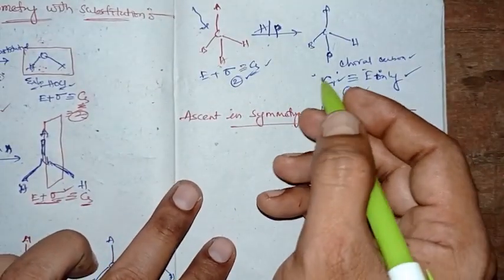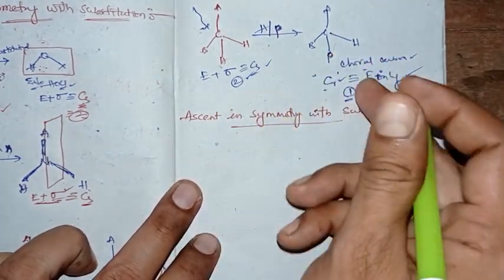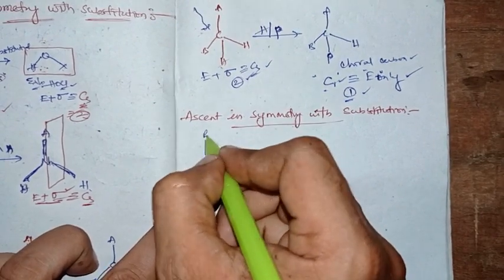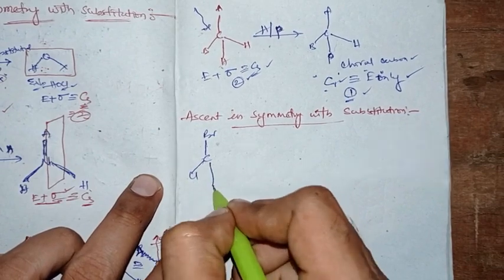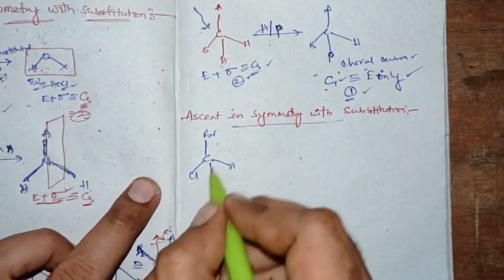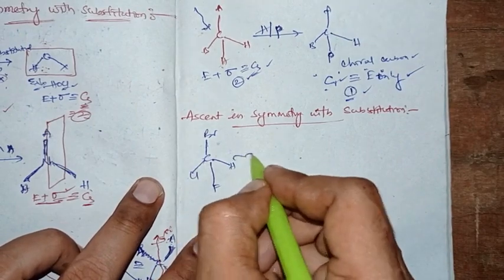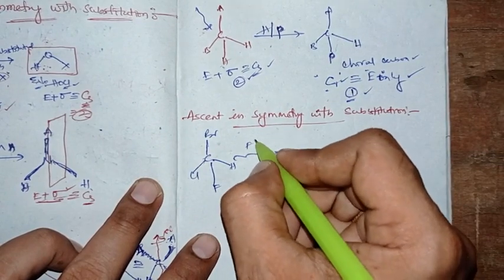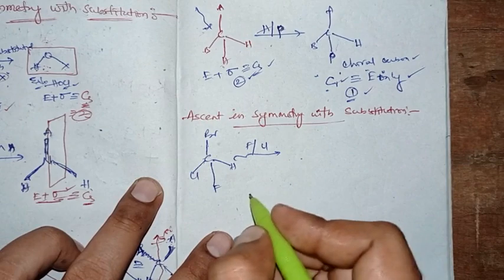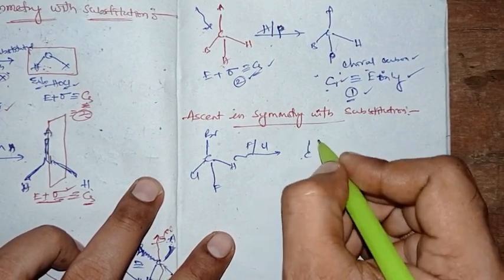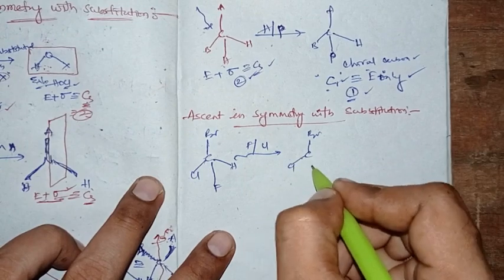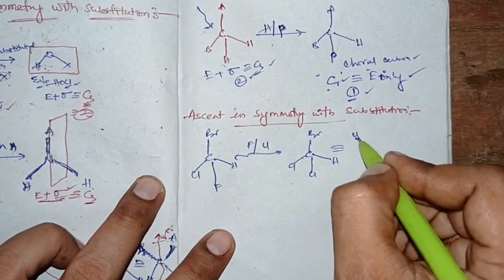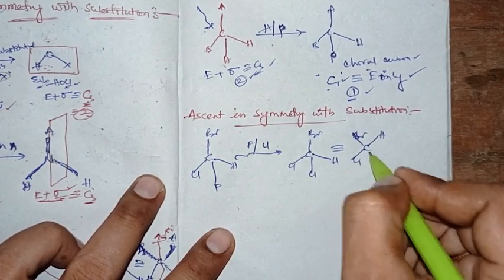Considering a chiral carbon center like bromochlorofluoromethane, when we substitute fluorine by chlorine, the same moiety can be written as bromine, hydrogen, chlorine and chlorine.